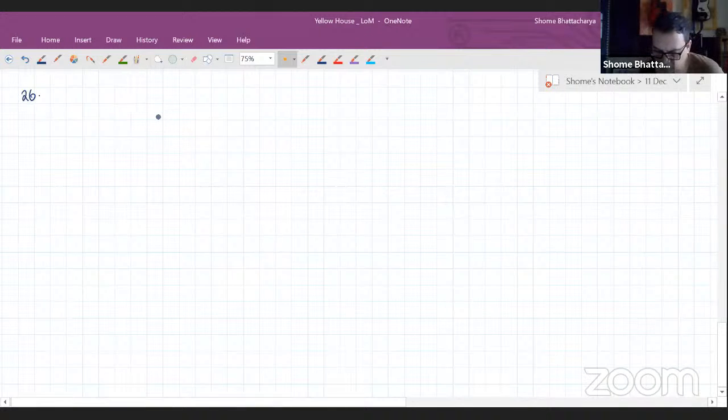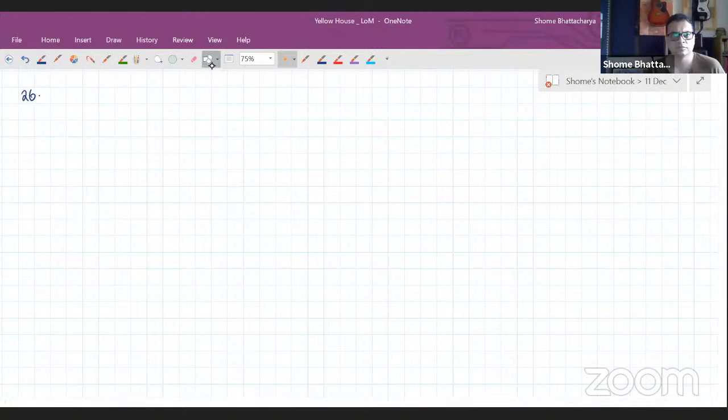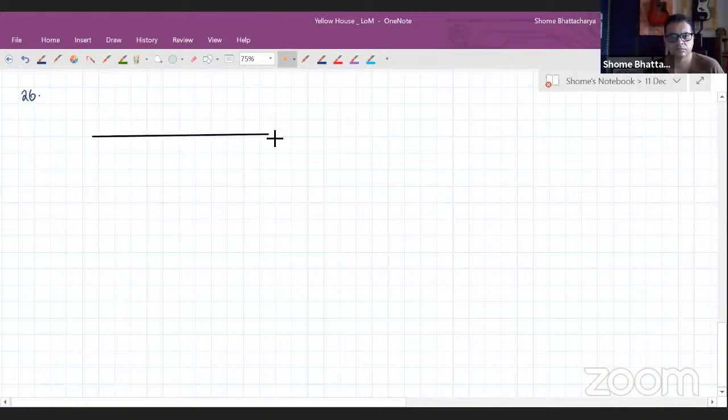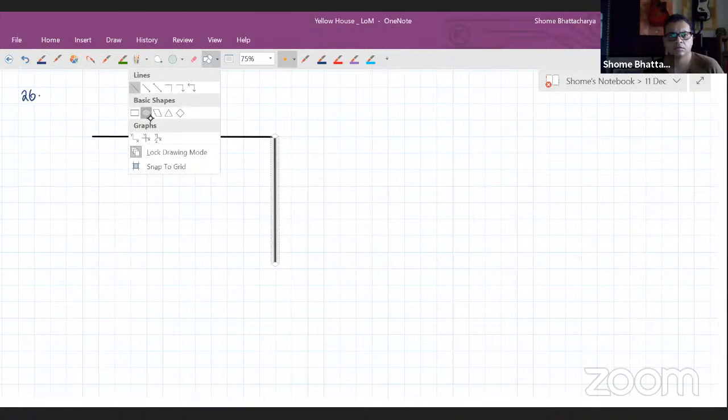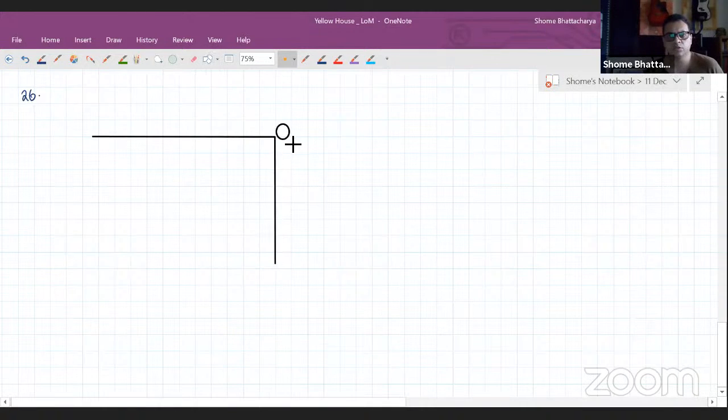So in 26, we have this smooth horizontal surface with a pulley attached at the end like this.